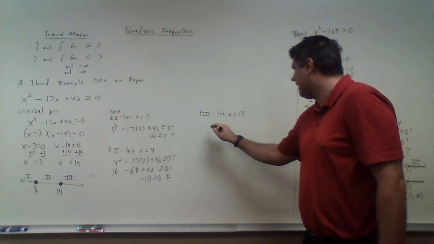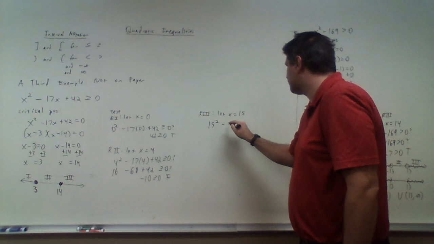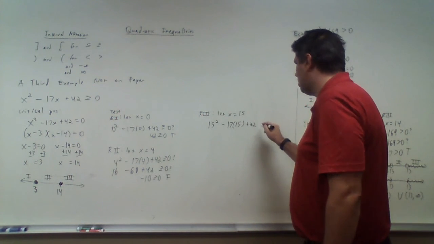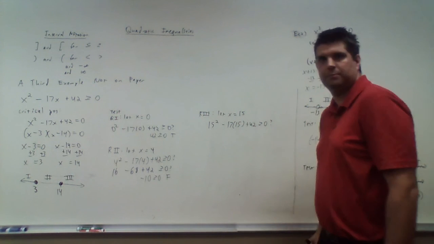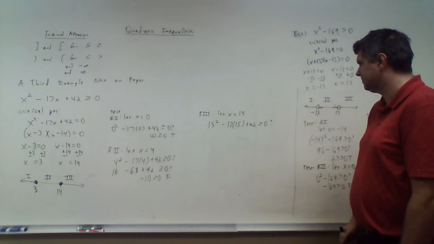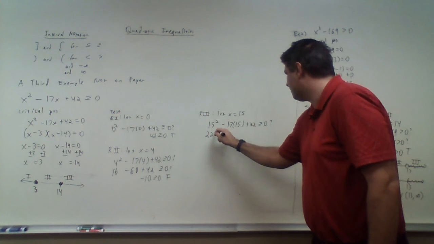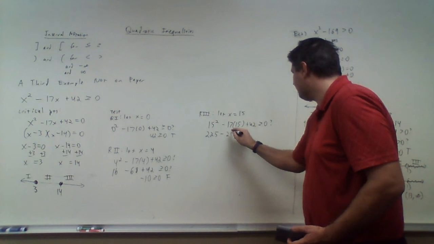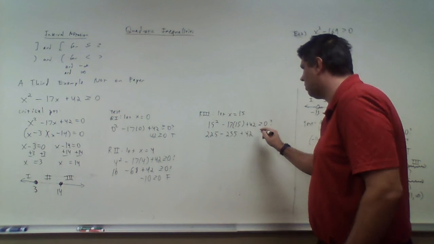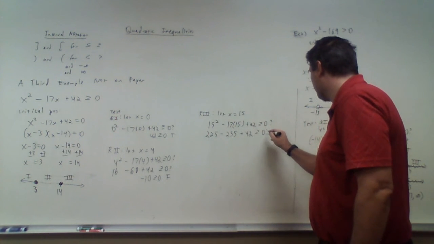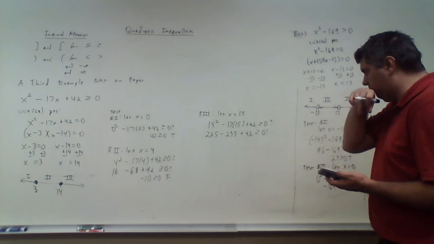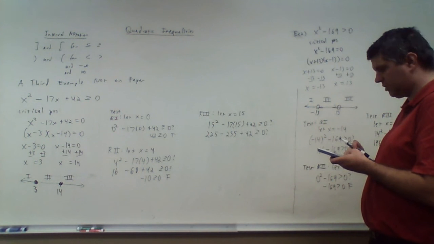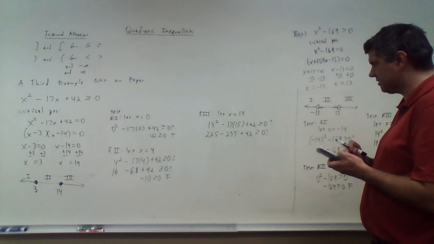I want to know if 15 squared minus 17 times 15 plus 42 is greater than or equal to 0. 225, 255 plus 42. 225 minus 255 plus 42 is 12.